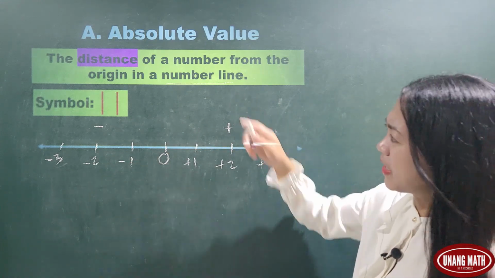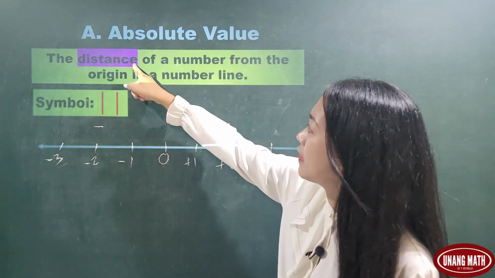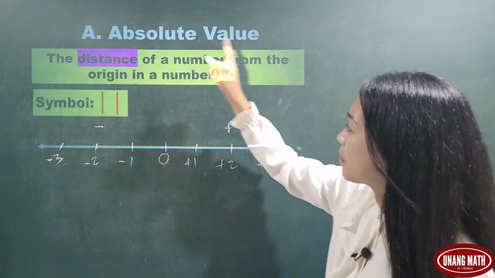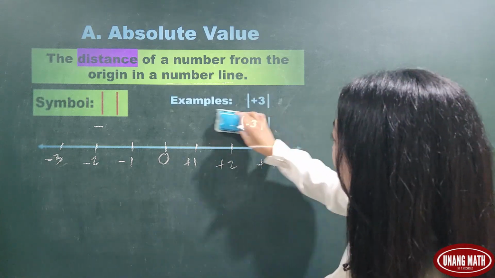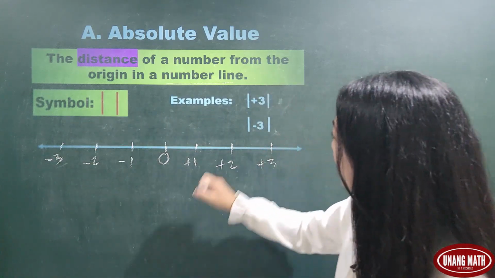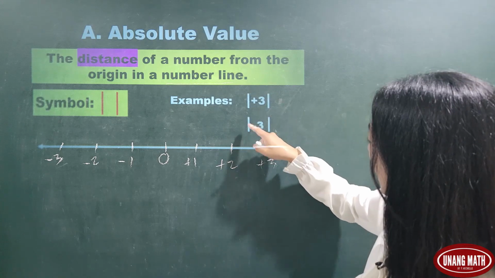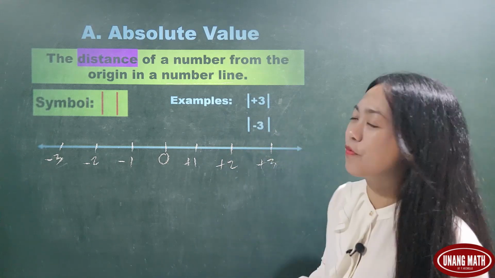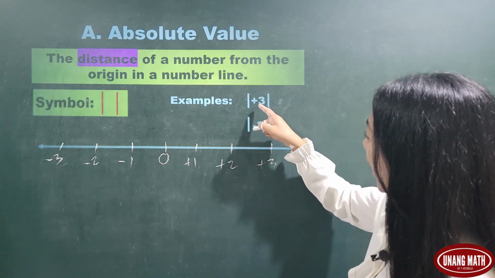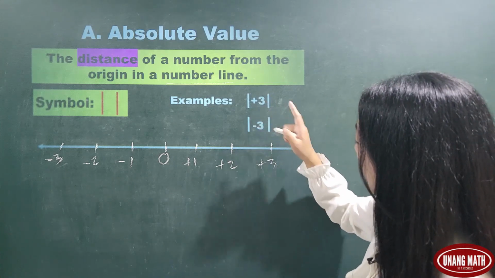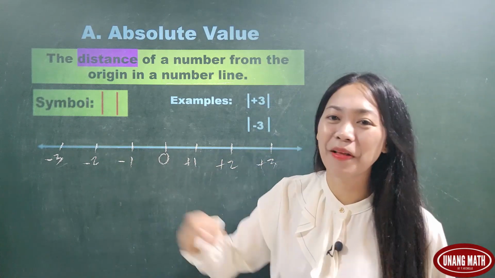Okay, what does it mean by absolute value or the distance of a number from the origin in a number line? Let's give an example. Let's find the absolute value of positive 3 and absolute value of negative 3. First thing we need to do is locate where positive 3 and negative 3 are in the number line.